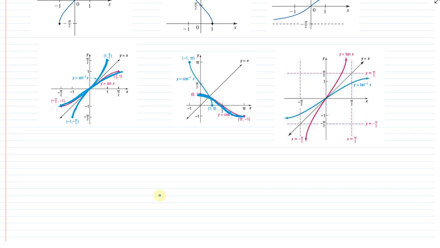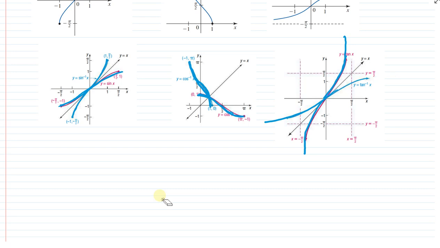And then we can reflect this with respect to line y equal x, and we get the graph of its inverse. Tangent, if you recall, tangent looked like so. This was the graph of tangent, right? And reflection about the line y equal x will give us the graph of the inverse tangent.